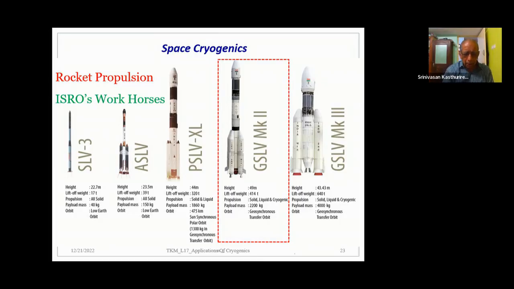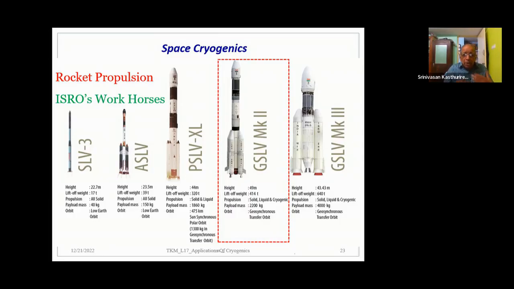The orbit will be 475 kilometers, and a sun synchronous polar orbit is chosen. And 1,300 kilograms for geosynchronous orbit is what is chosen for this PSLV.